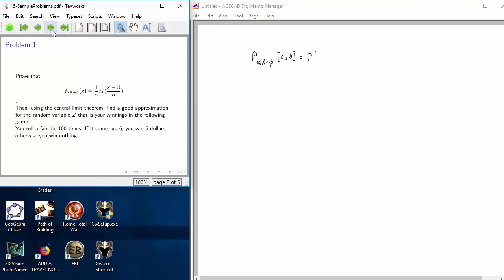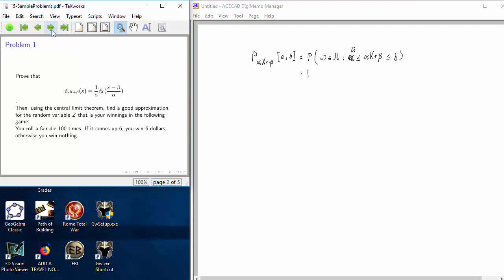In other words, the probability for the set of elements of our sample space where, on the one hand, alpha x plus beta is greater than or equal to, not alpha, but a, and on the other hand, is less than or equal to b.